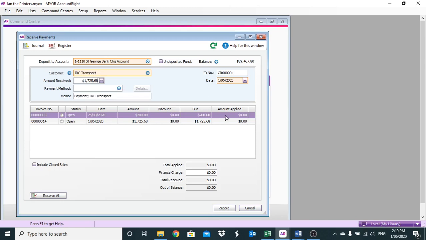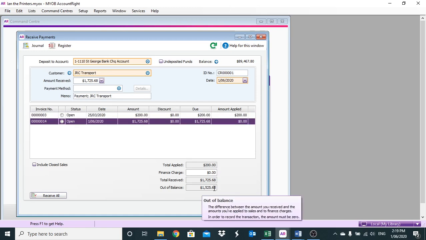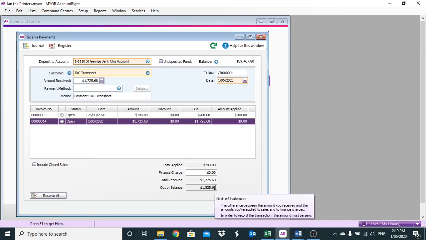but what that will do is it will leave a figure that it's out of balance by, and it will put this figure into another account, a credit account. So it will accept this, but this is not what we want to do.